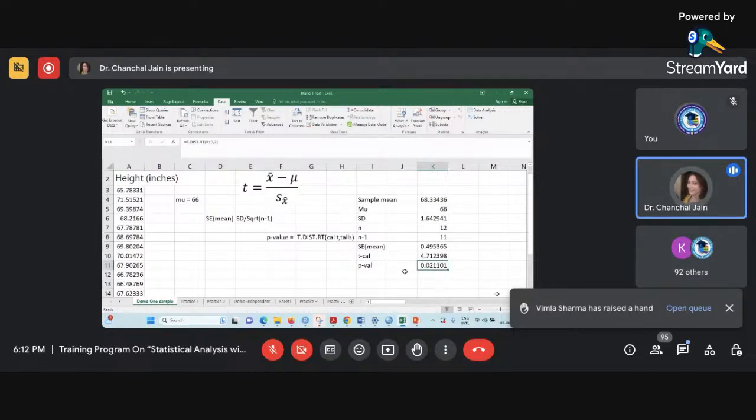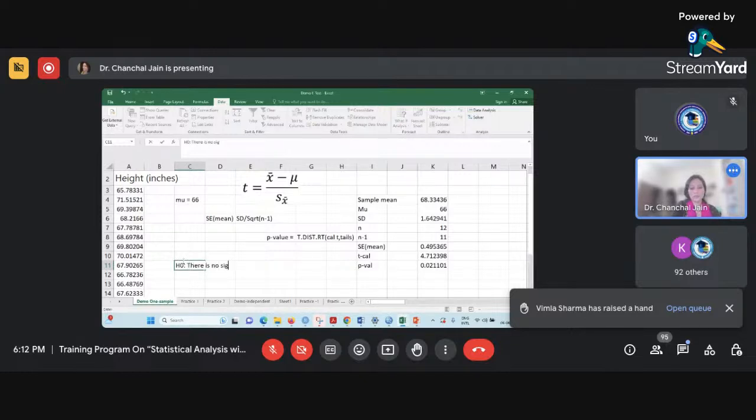Suppose we have written the hypothesis: there is no significant mean difference in the sample height and population height, right?